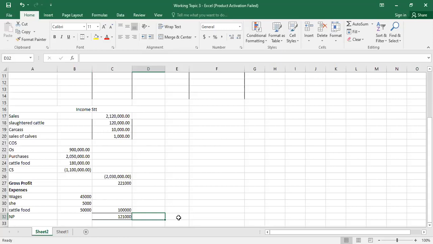Are we good? Yes. So basically, you just transferred the figures that were on the other side to this book to illustrate it in a vertical format. Any question?